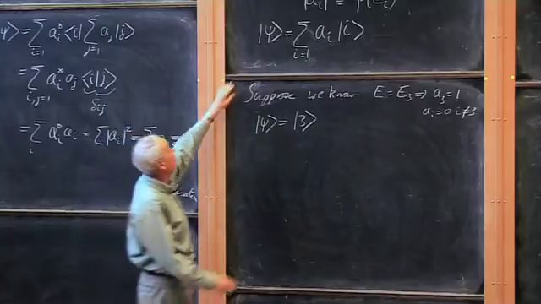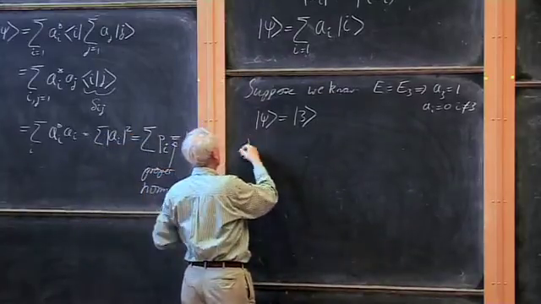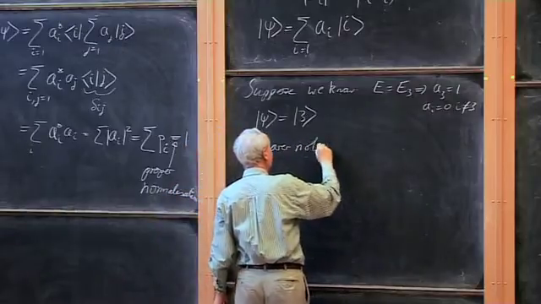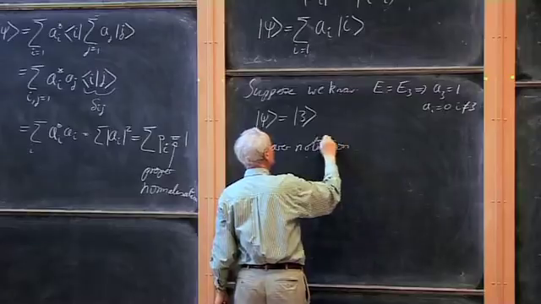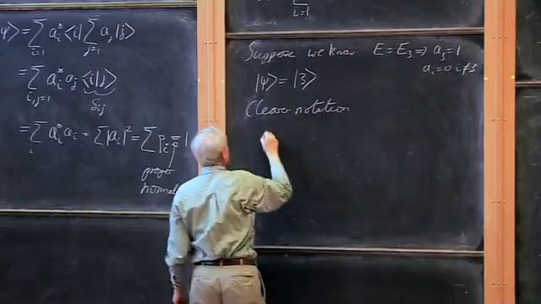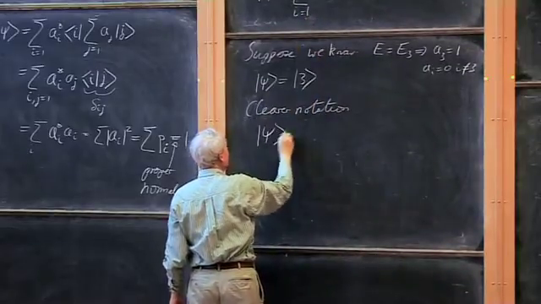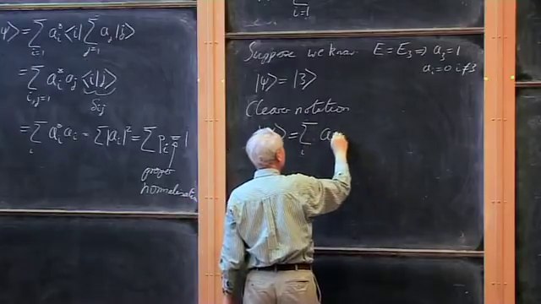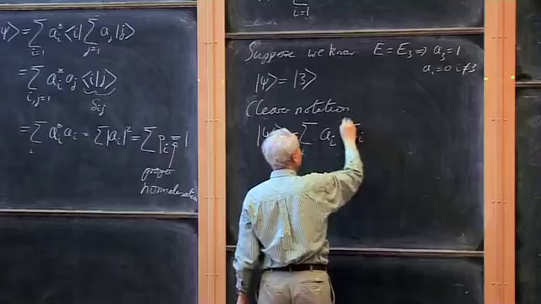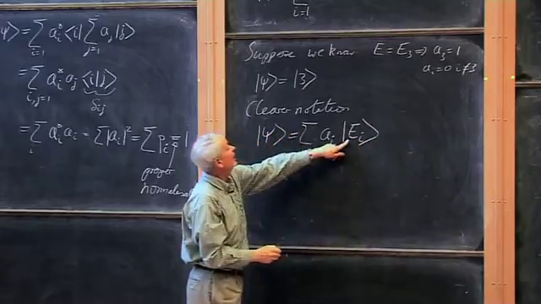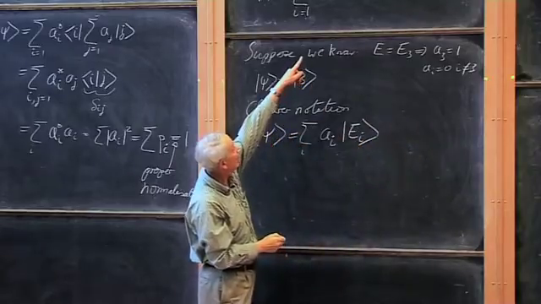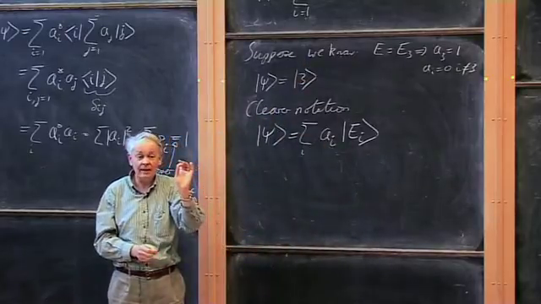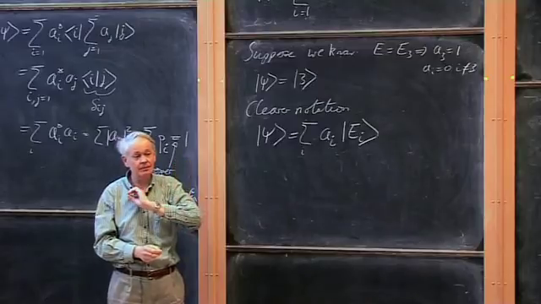and similarly for all the other ones. So a clearer notation is to rewrite that as psi is the sum over i of A_i times |E_i>. This makes it clear what we've just established, that the thing |E_i> is actually the quantum state of definitely having energy E_i.